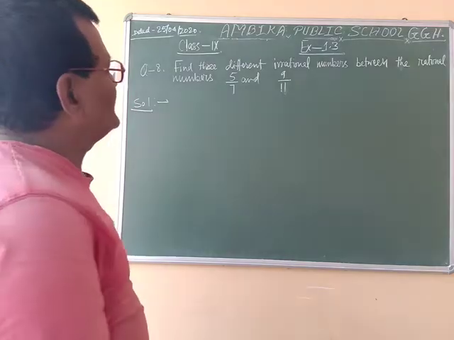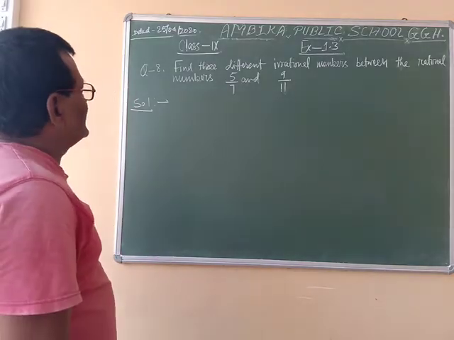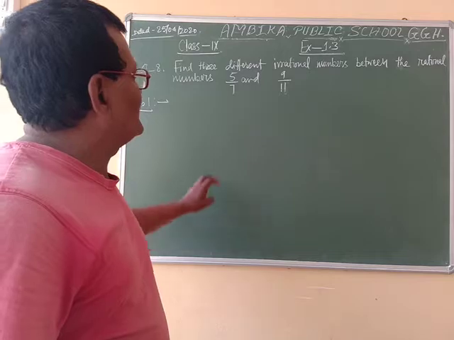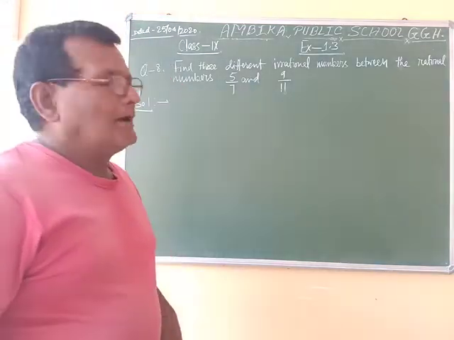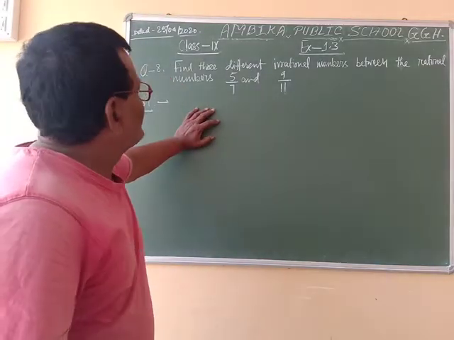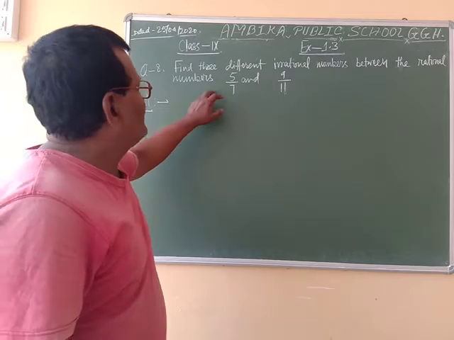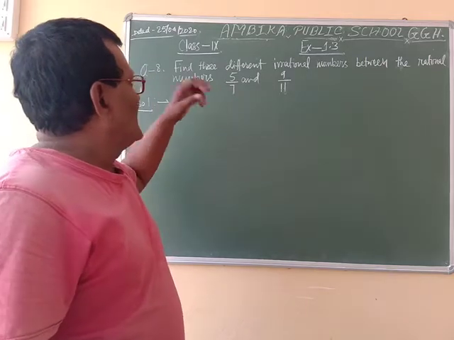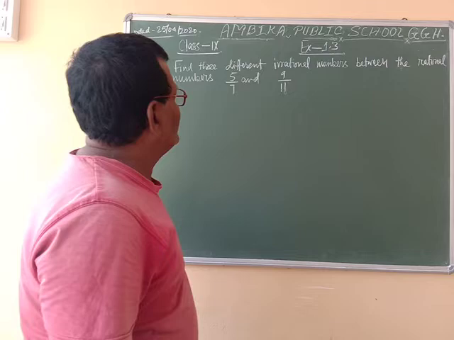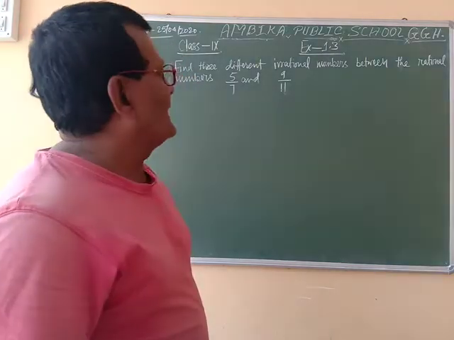We have to find the irrational numbers between the rational numbers 5 by 7 and 9 by 11. To find the irrational numbers between 5 by 7 and 9 by 11, at first we divide 5 by 7 and 9 by 11.